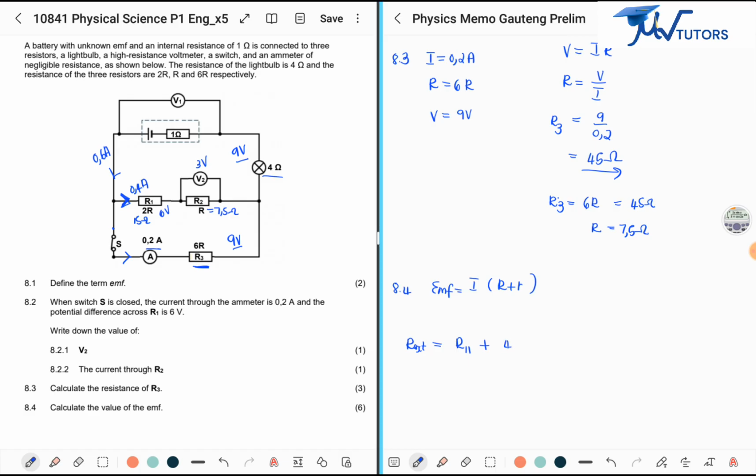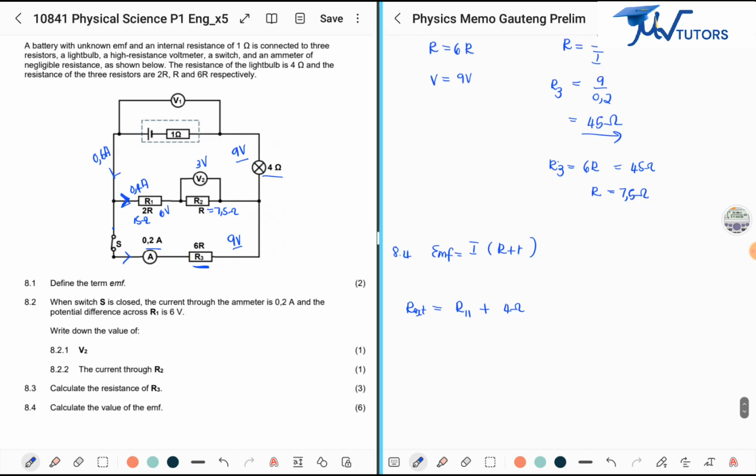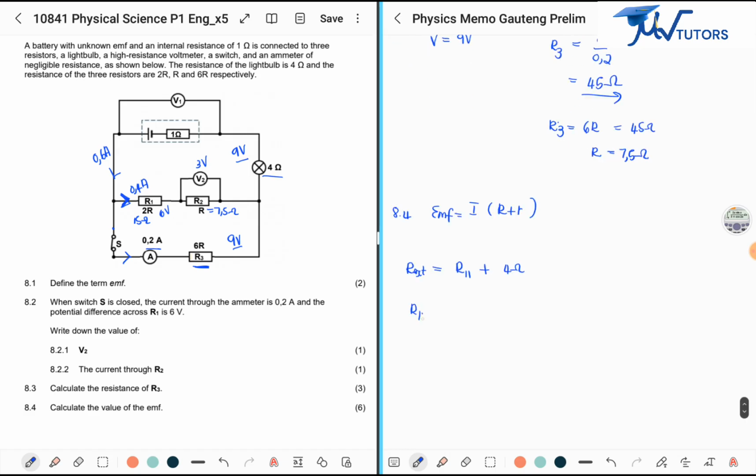So that 4 ohm. All right, so let's just sort out what this parallel resistance is. We have 1 over R parallel, and then we have 1 over 15 plus 7.5, and then we also have 1 over 45. All right, so let's just work that out.